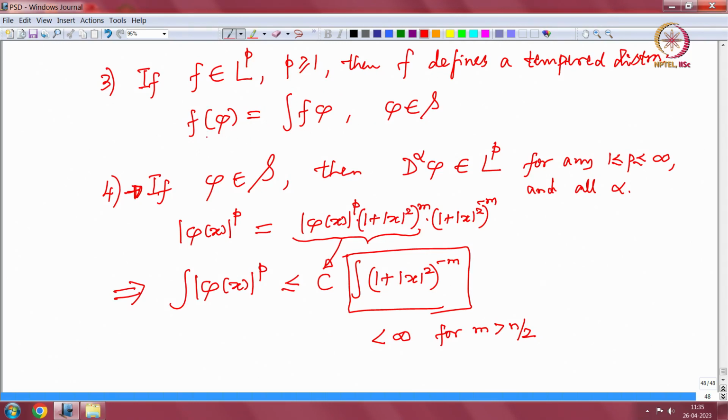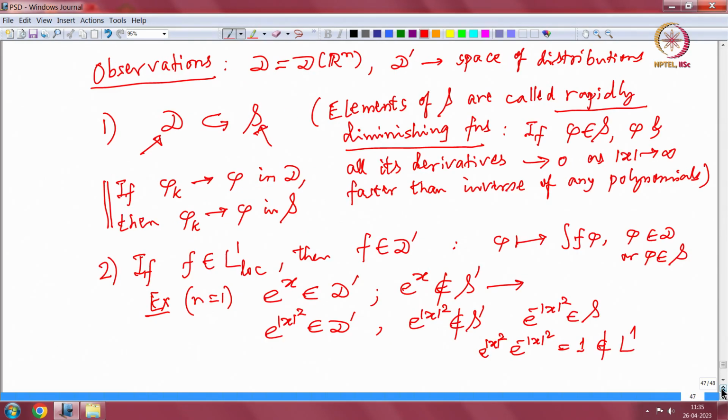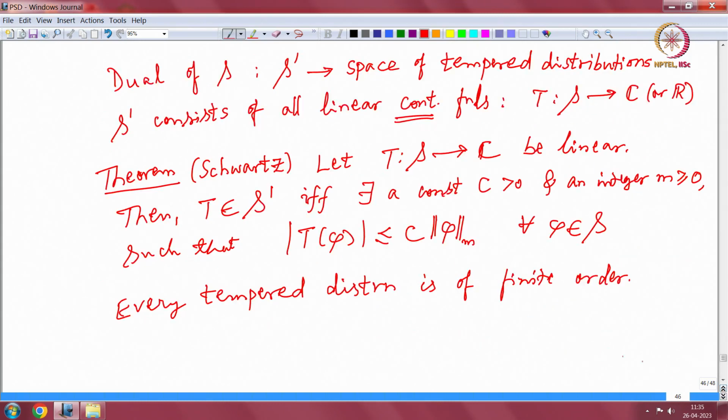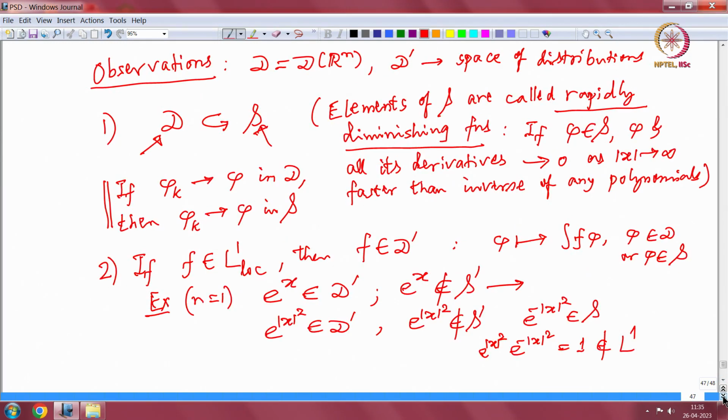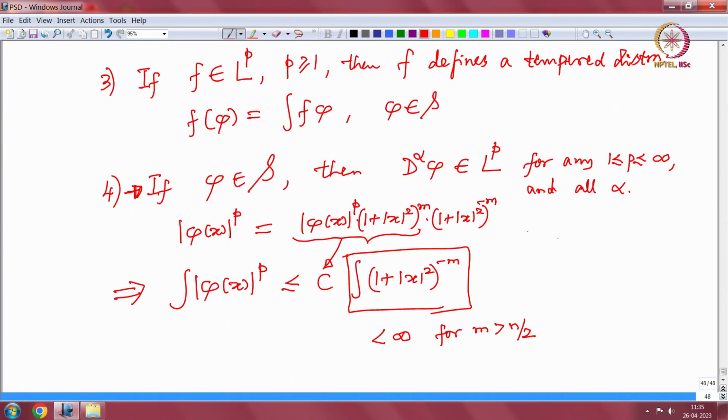The finiteness is okay, linearity is okay. So, you have to only check the continuity. For continuity either you can use the Schwartz theorem that I mentioned here, so just bound like this, or you can directly use the definition of convergence and prove the continuity.